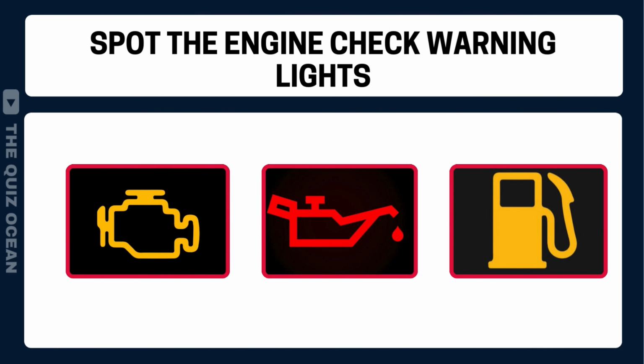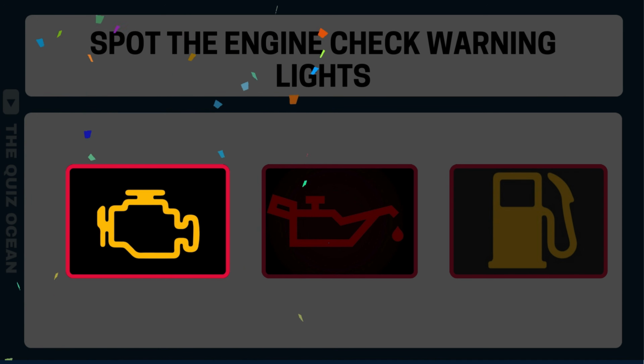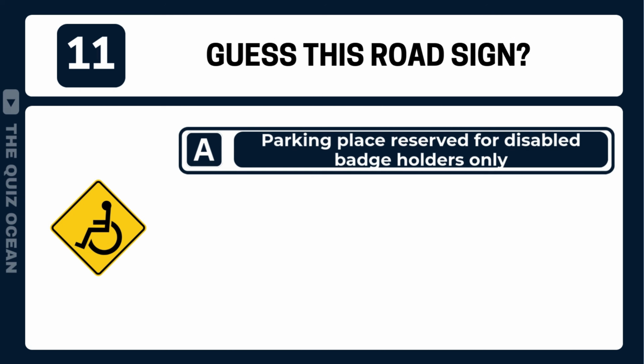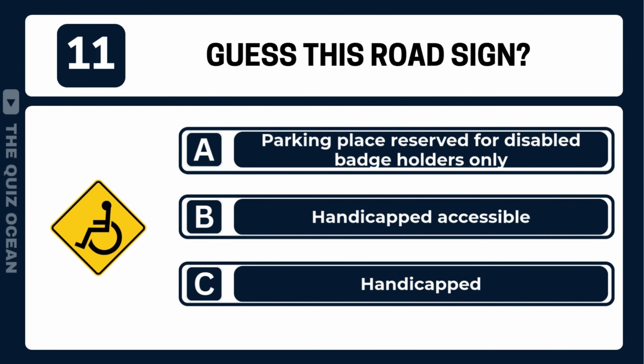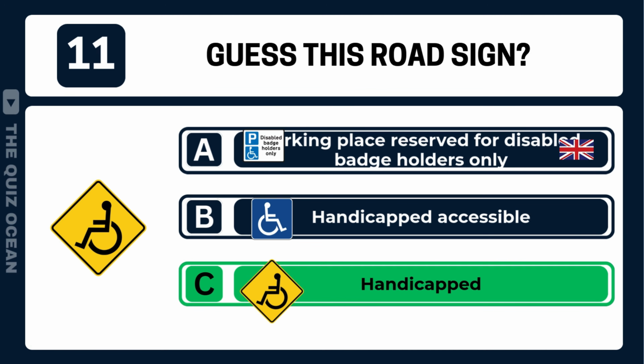Spot the engine check warning lights? Question 11. Guess this road sign. The answer is C. Handicapped.